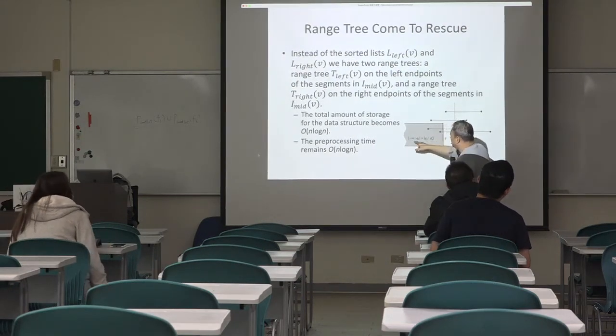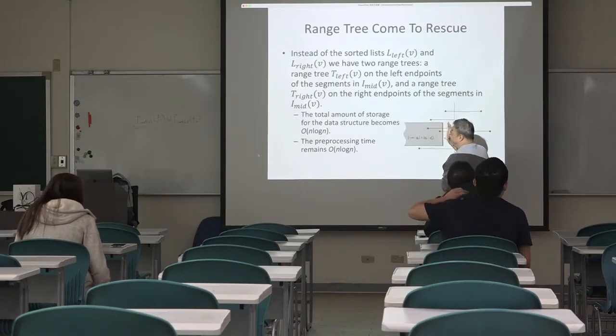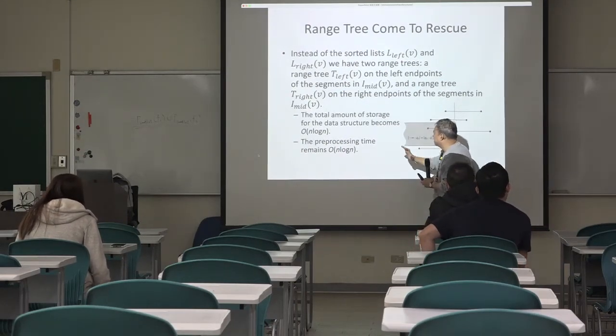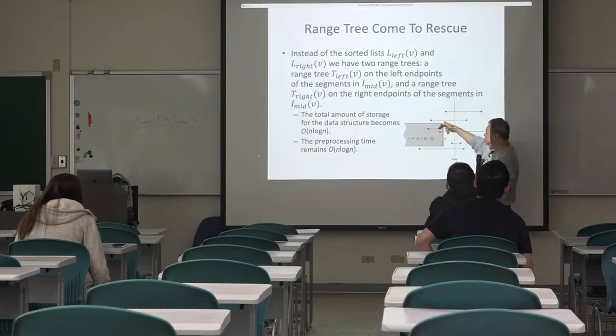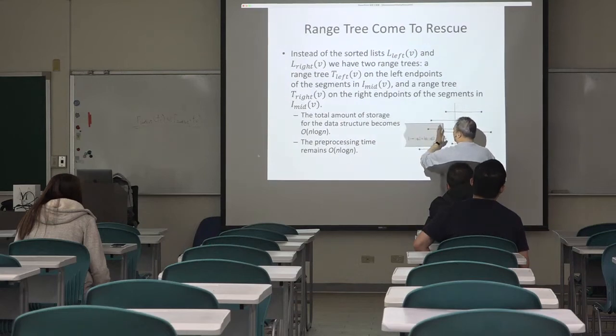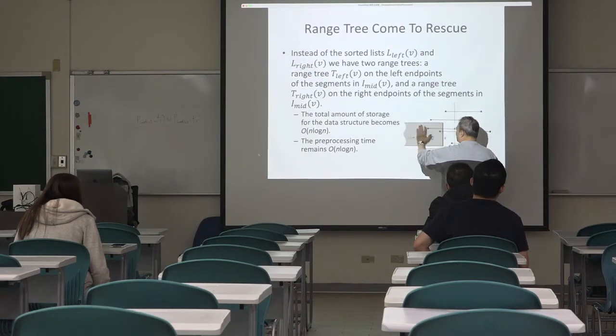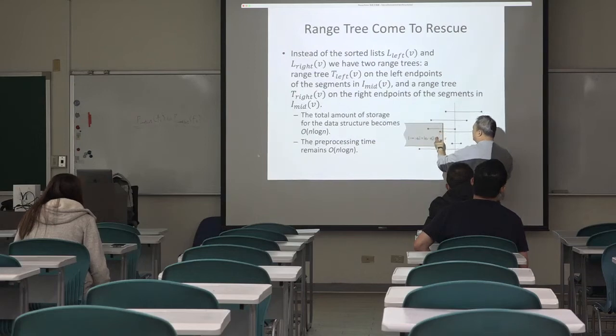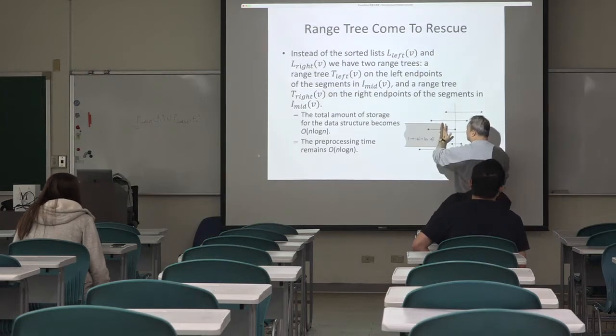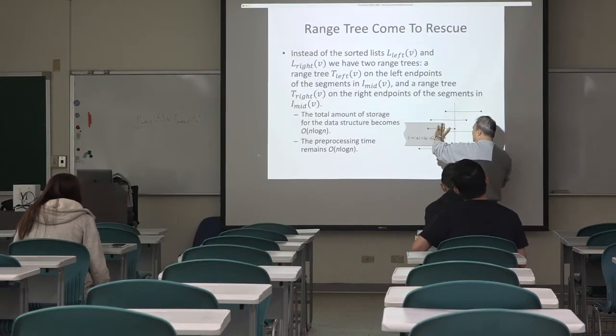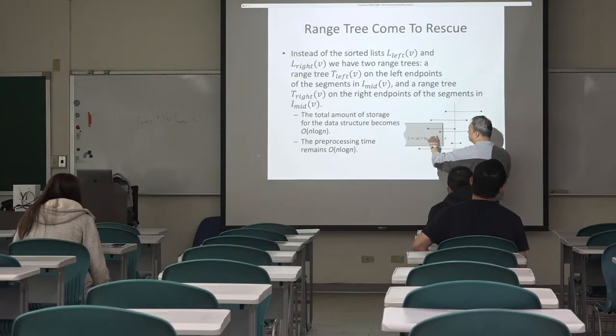We don't care about the left space, because it could go as far as possible. What we care about is whether a point is on the left side of this particular query segment. You can see there's a range for the y coordinate, which we call qy prime.